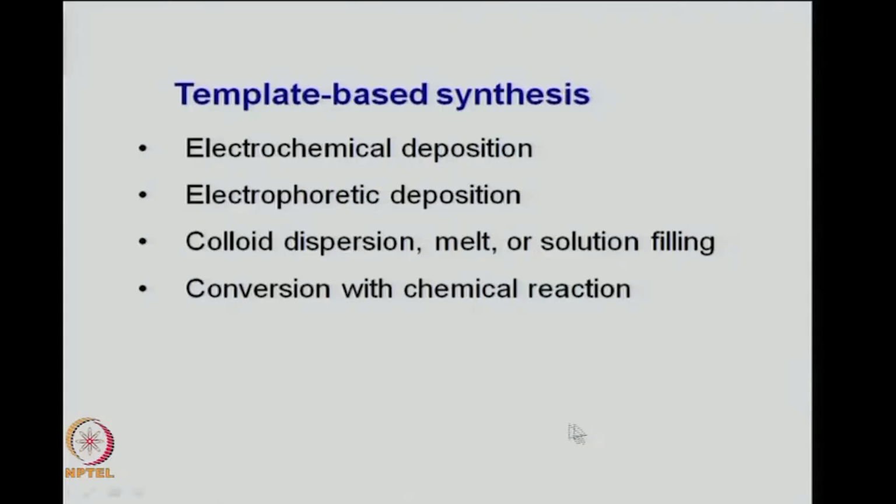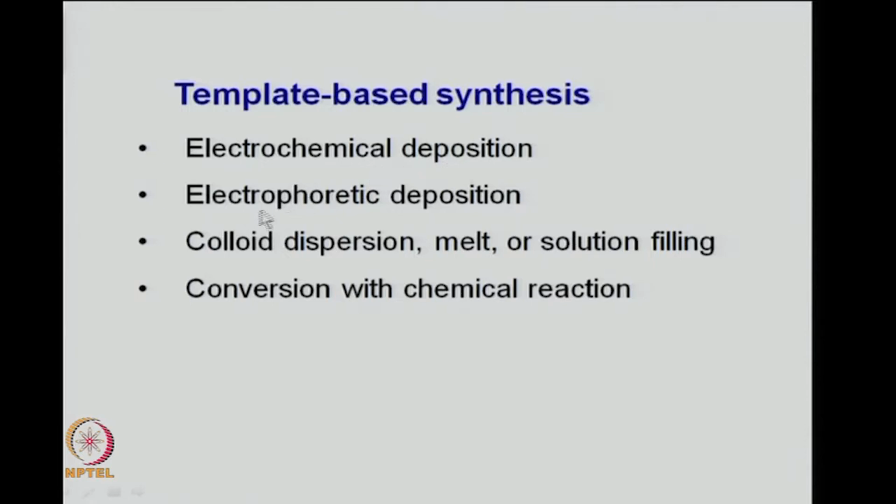In today's lecture, we will be discussing other types of synthetic routes using templates, like the electrochemical deposition route, which is very widely used. As you know from the term electrochemical, you need electrodes and you need to pass current to undergo chemical reactions, which will lead to a reaction that deposits metals, and that is the electrochemical deposition.